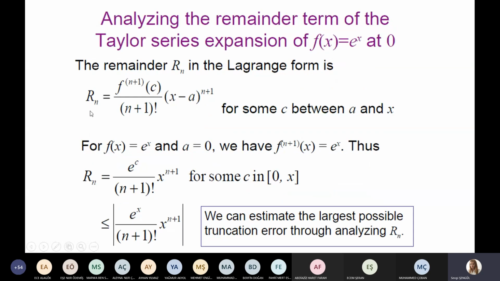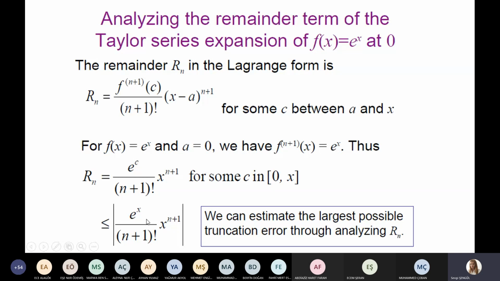And again, as a Lagrange, remember that this is our remainder. And whatever error you are getting will be less than or equal to our remainder term. Okay? So this is how you can quantify the error in n terms by checking the absolute value of your remainder in Lagrange form. This is the easiest way to quantify the truncation error.